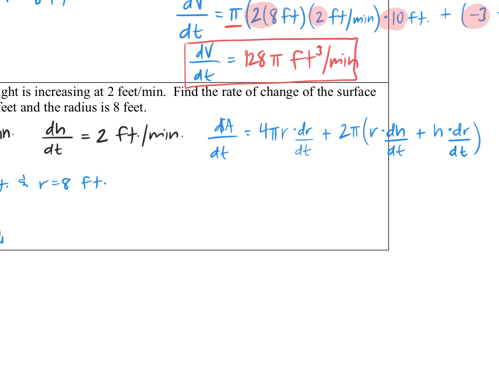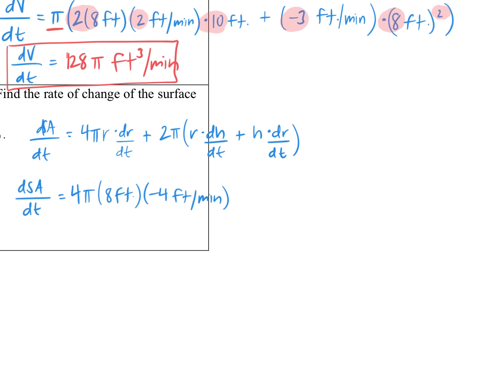And now I just got to plug in all the information that I know. So our surface area is changing at a rate of 4 pi times 8 feet times negative 4 feet per minute plus 2 pi times my radius, which is 8 feet, times dh dt, which is 2, oh, technically there's that parentheses there.